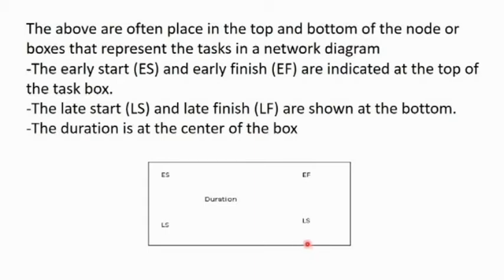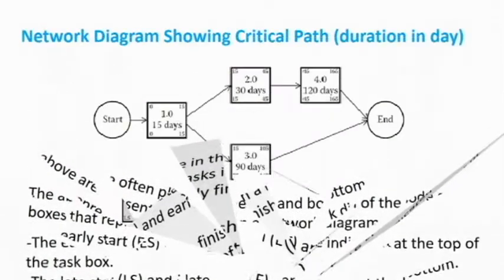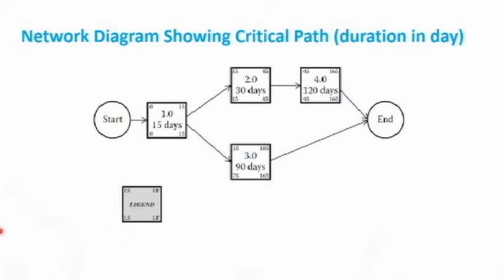The duration is at the center of the box. Here we have a network diagram showing the critical path duration in days. The circle on the left represents the start. The circle on the right represents the end of the project.